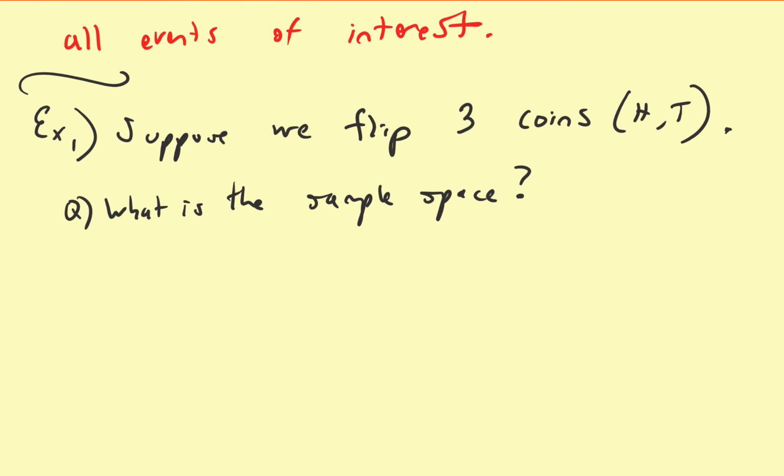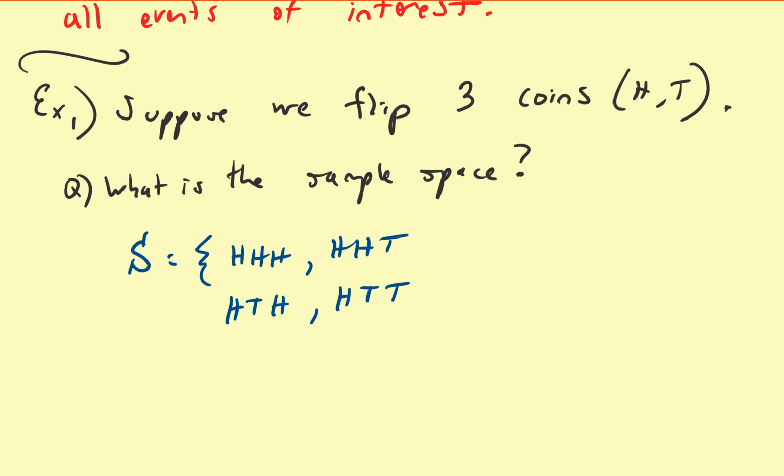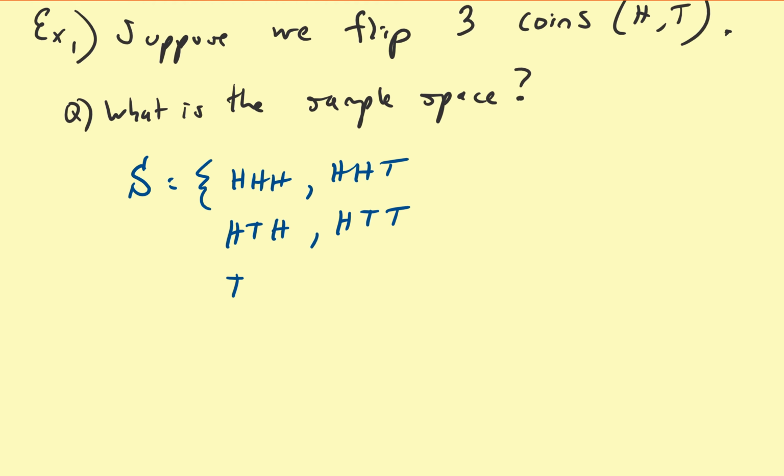The sample space is going to be the collection of all possible outcomes. So you could either get heads, heads, heads; heads, heads, tails; heads, tails, heads; heads, tails, tails; tails, heads, heads; tails, heads, tails; tails, tails, heads; or tails, tails, tails.